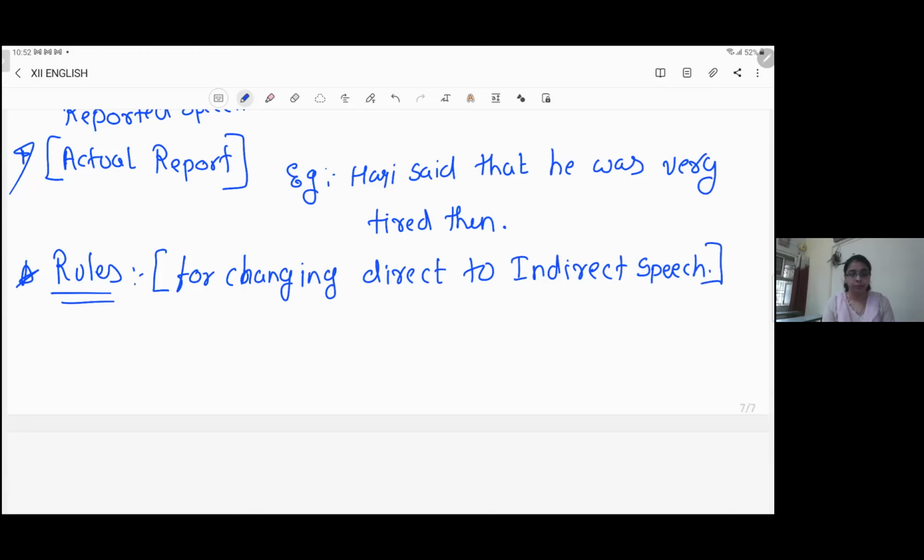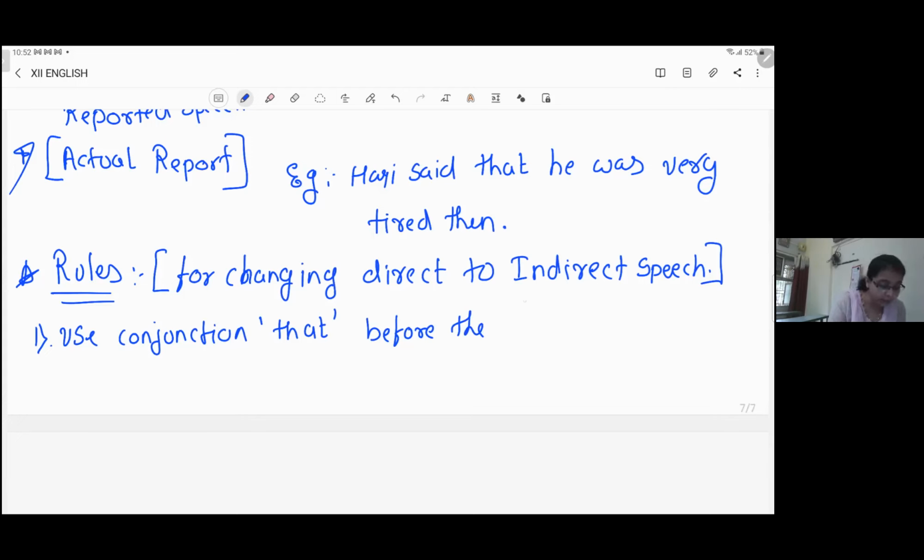Clear? Now, first rule. Use conjunction that before the indirect statement.